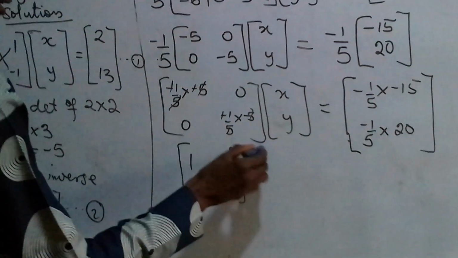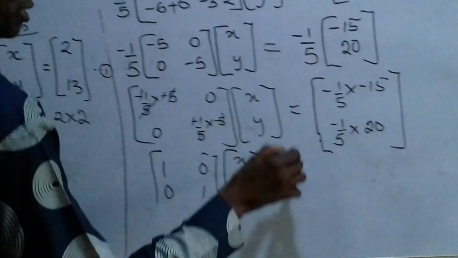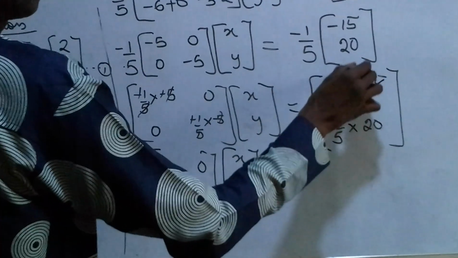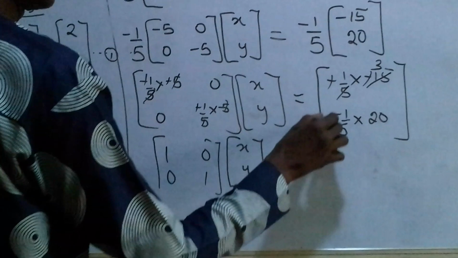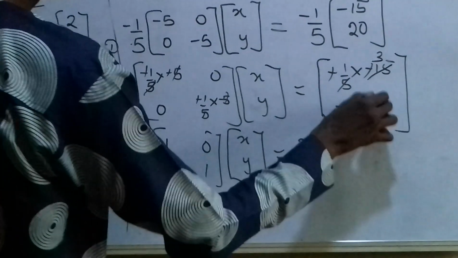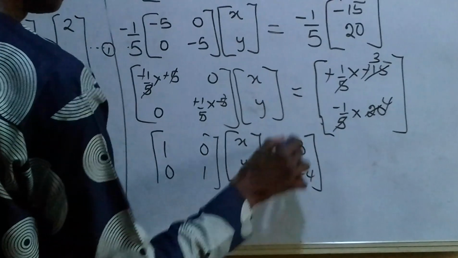So in other words, here is x and y. When this cancels this, you are left with 3. Minus times minus is plus. Now, this cancels this, it is 4. 4 times minus 1 gives us minus 4.